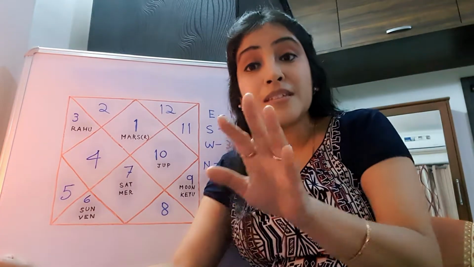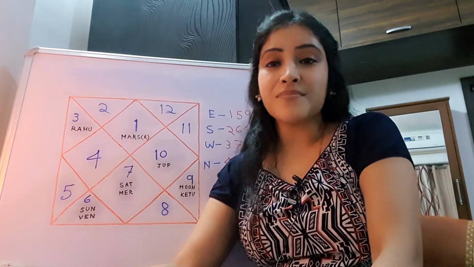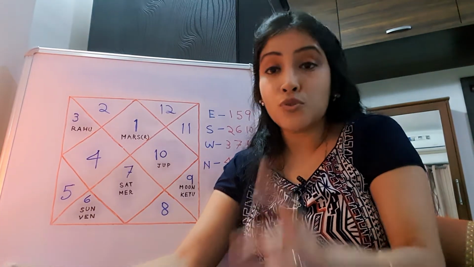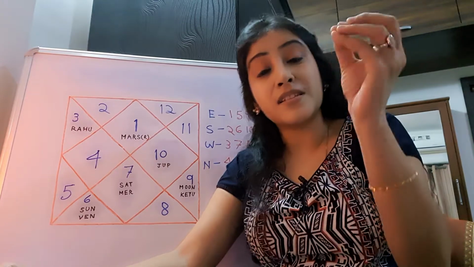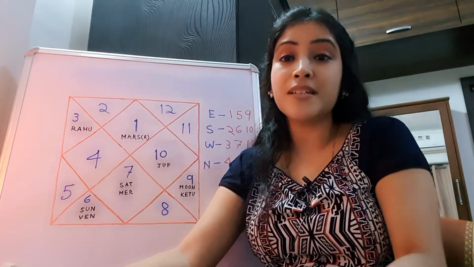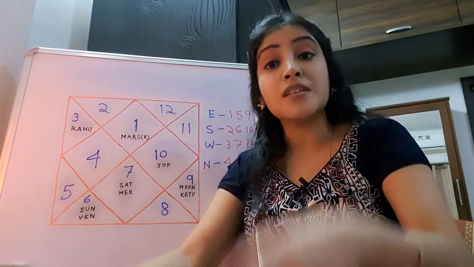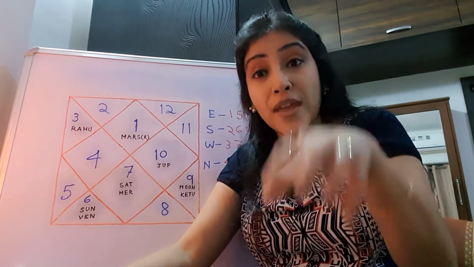So that is not going to be good. Two enemy planets, and one planet is in debilitation. Also this sign of Virgo is the significator of a deep well.